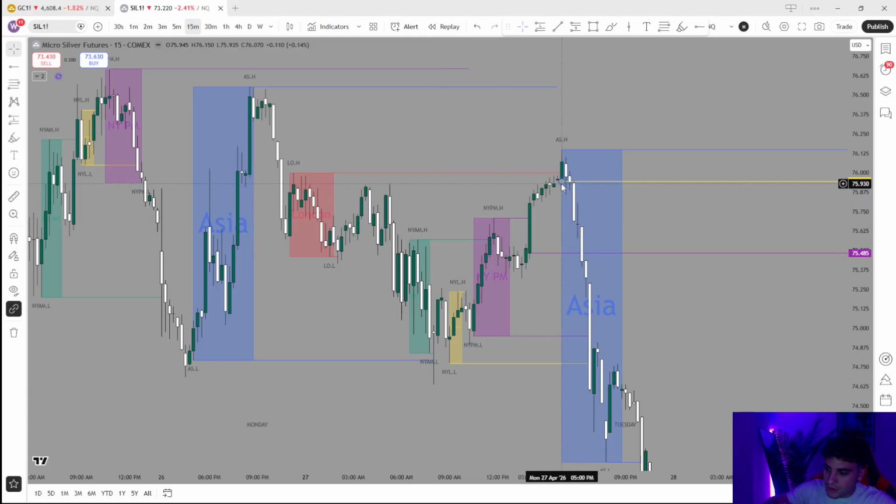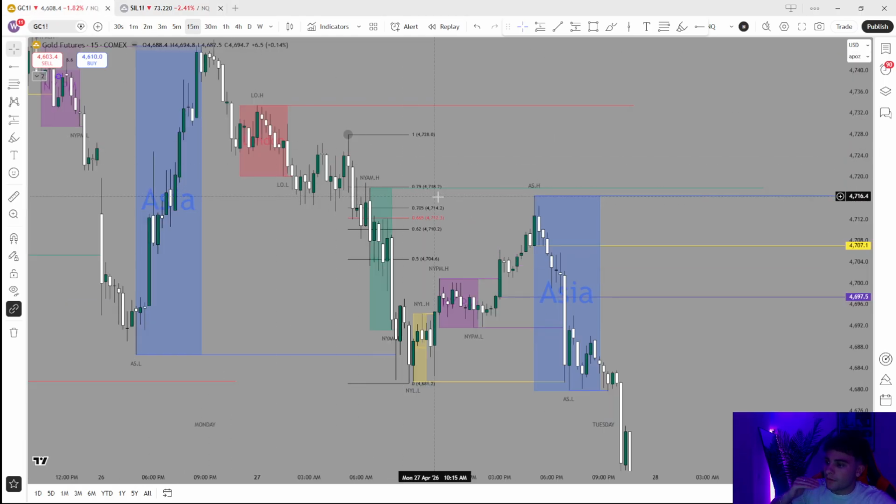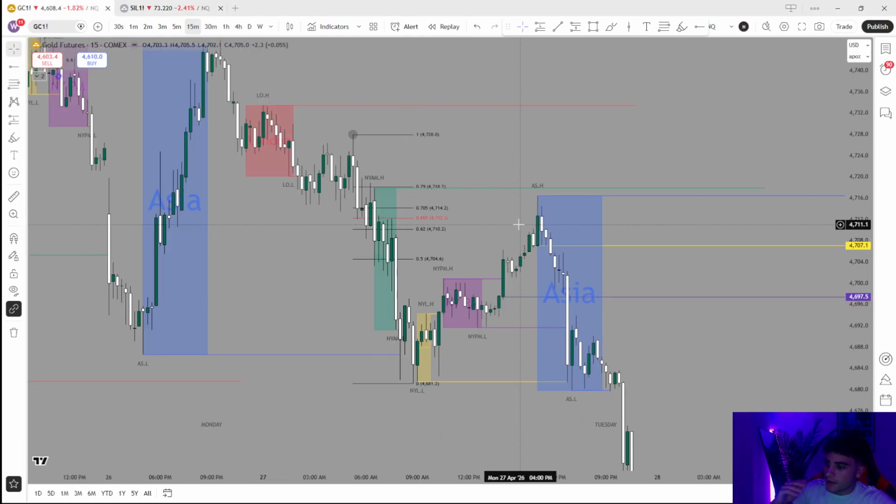When we have our True Asia Open, which is right here at 5 p.m., I want to see us manipulate up, take London highs on silver. I want to identify a level on gold that will be correlated in a premium of our protected high, which is based off manipulation, and identify an entry level, based on the higher time frame as well, that I can take off of that.